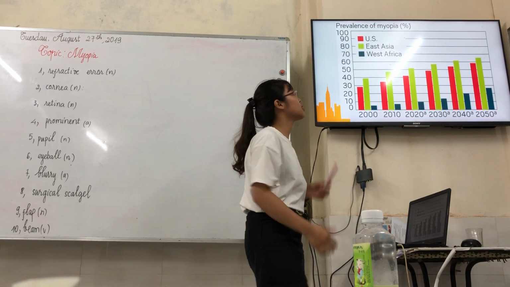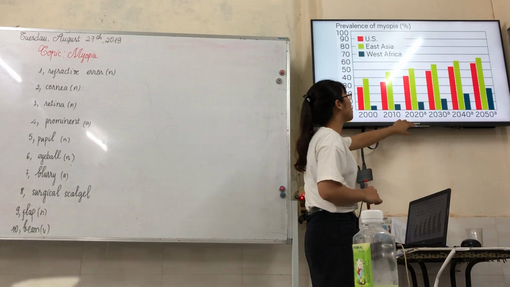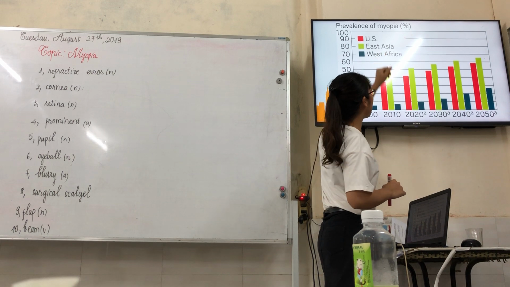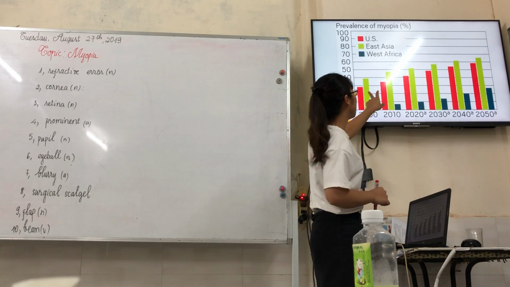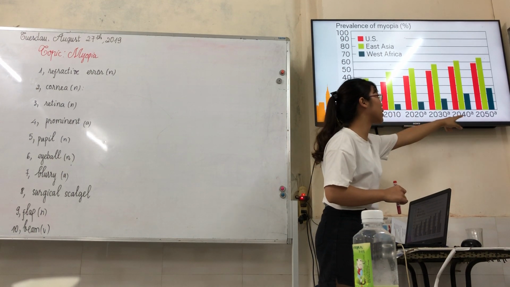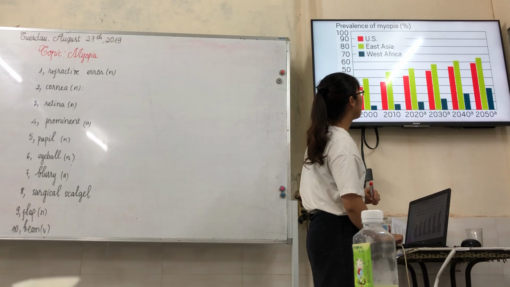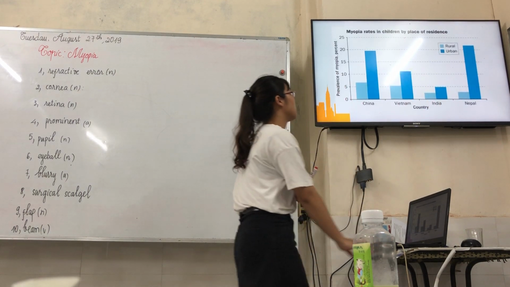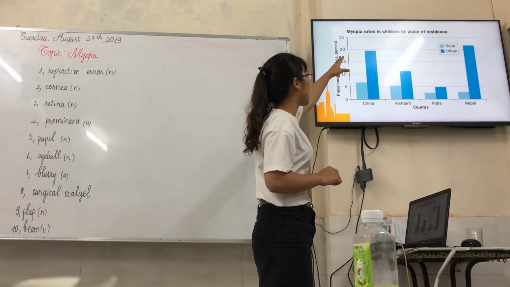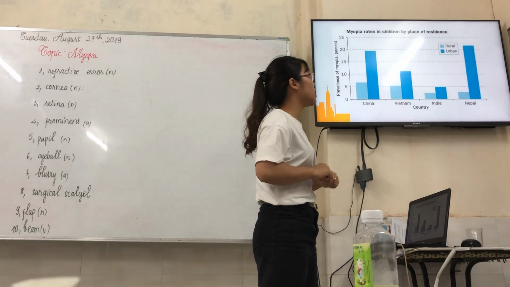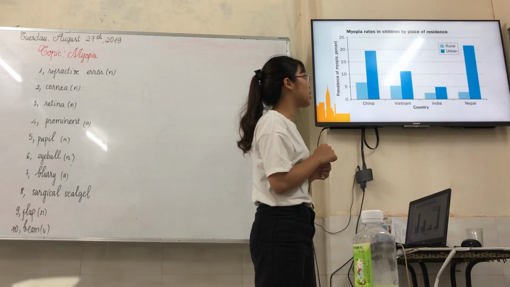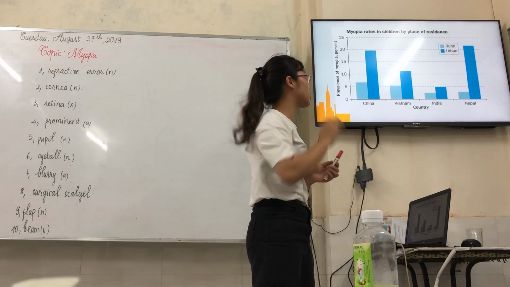And look at the chart. Some countries in East Asia have the highest percentage of myopia. You can see that, in the past until now, and even in the future. And moreover, it's easy to understand that the percentage of myopia in rural areas is lower than among residents in urban areas.